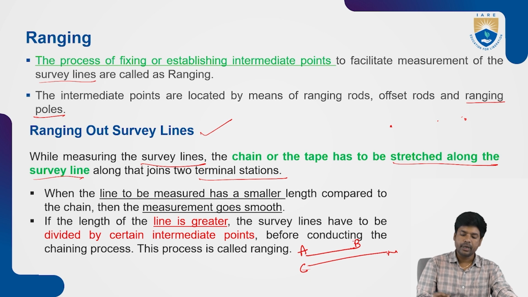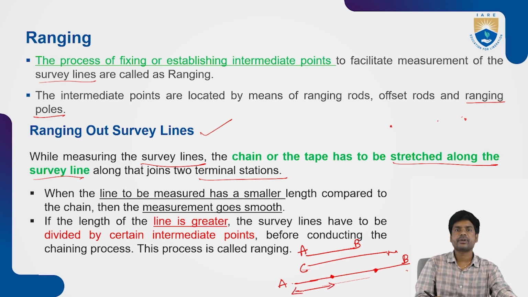But when the line to be measured is longer than the chain length, then we establish intermediate points before conducting the chaining process. We divide the total length by using some intermediate points, so that we can measure the distances very easily.